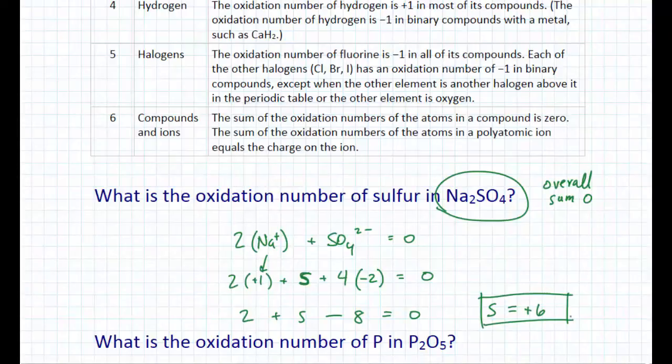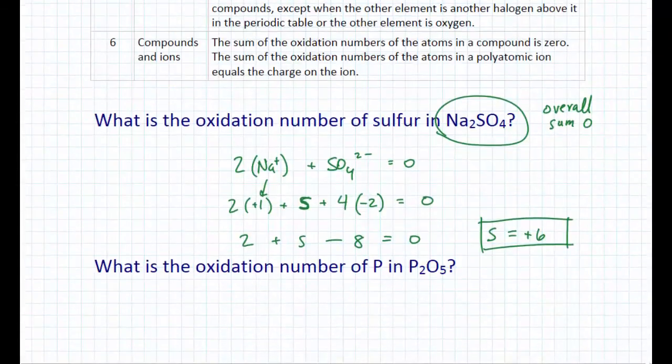So if your job is ever to determine the oxidation number of some element in a compound, okay, start with those kind of known oxidation numbers, right? Oxidation numbers of ions, of hydrogen, of oxygen, of halogens. Okay? Why don't you see if you can figure out what P is in P2O5? Set that up like a little bit of algebra using P as a variable.